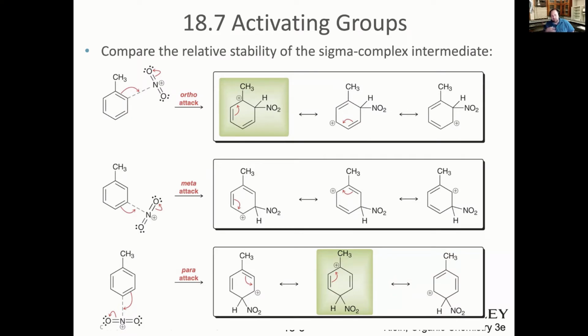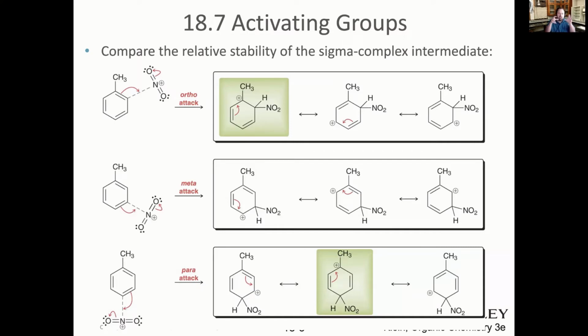And so it never gets any benefit from the attached group in that scenario. However, in the ortho attack and the para attack scenarios, if you look at their sigma complex, there is a resonance form in which the positive charge is located on a carbon next to that group. And remember that group, the methyl group, in this case, is an electron donor.